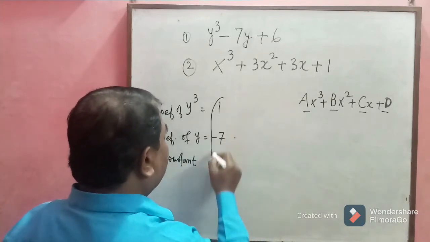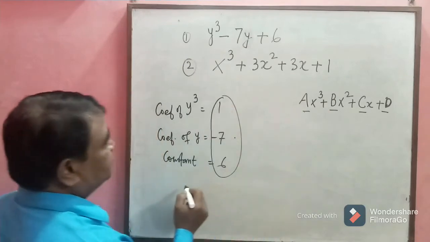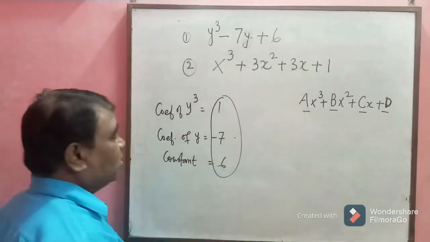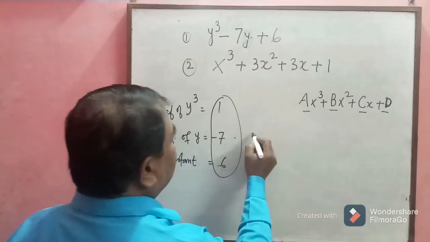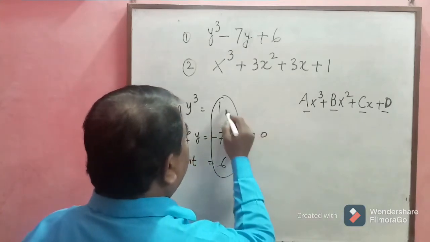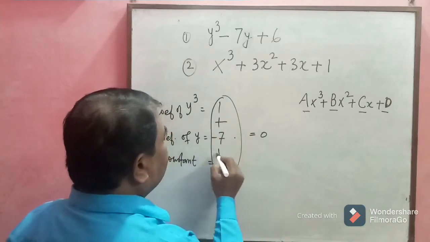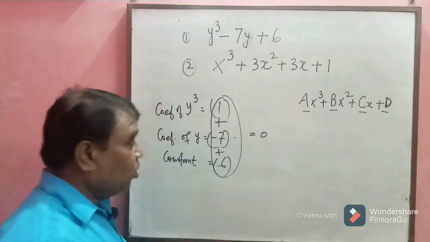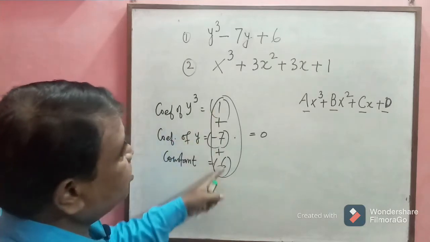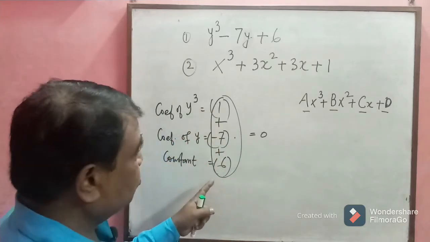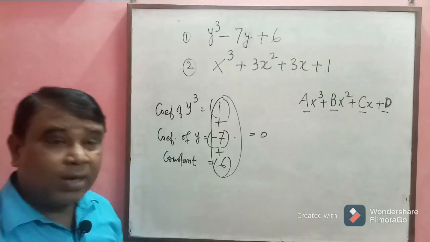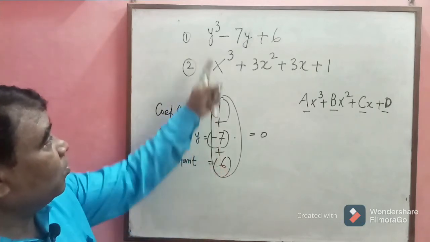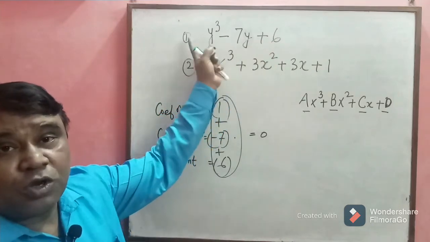These are all three terms, the sum of these three terms. That means whatever is given, the sum of these three terms is 0. If I add them, definitely this will be 0. Once we get the sum of these coefficients as 0, we will be sure 1 is a zero of this polynomial, that means y minus 1 is a factor of it.